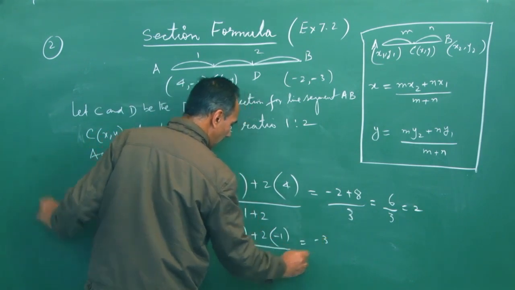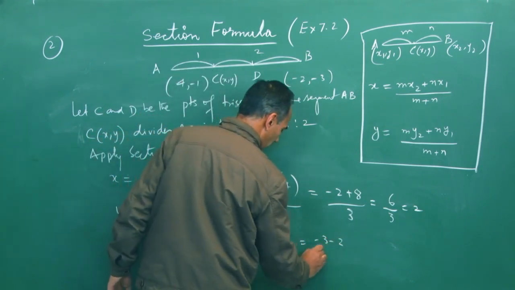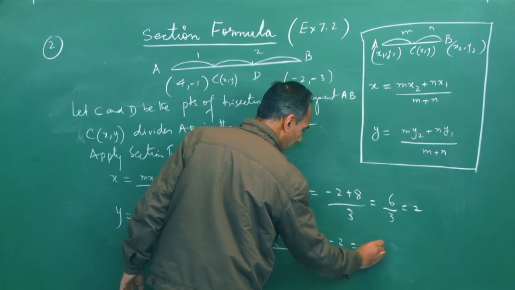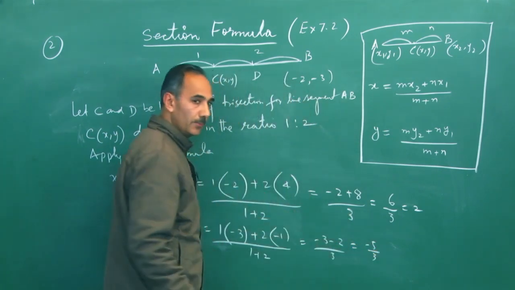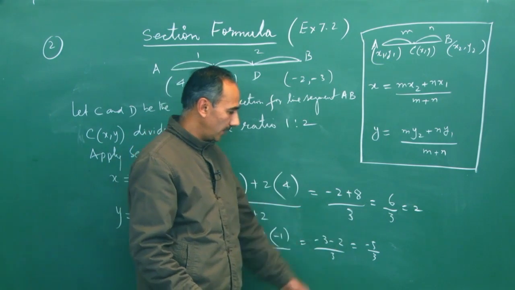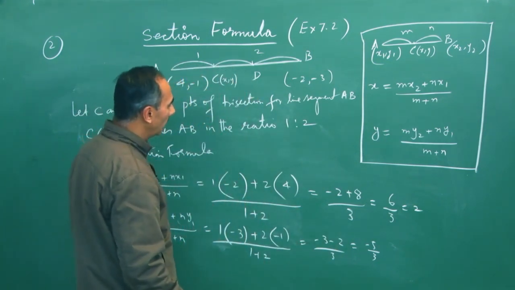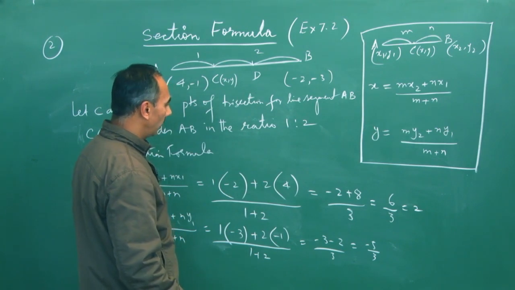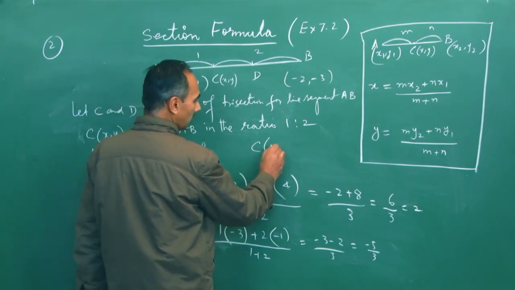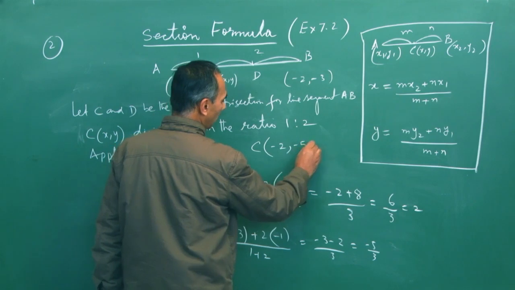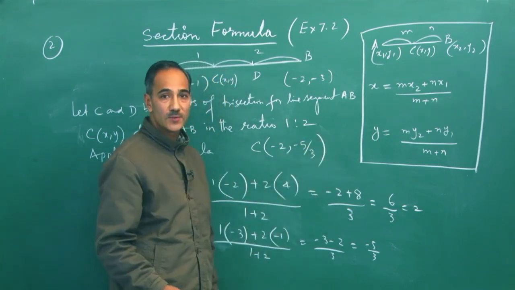That's -3 minus 2 upon 3. That's -5 upon 3. Keep it in the p by q format. No need to divide it. That means you found coordinates of C as 2, comma, -5 upon 3. So you found coordinates of C.